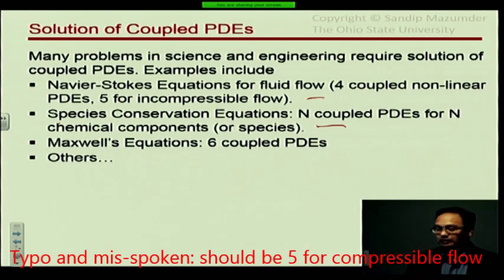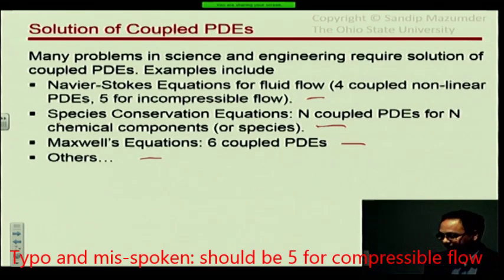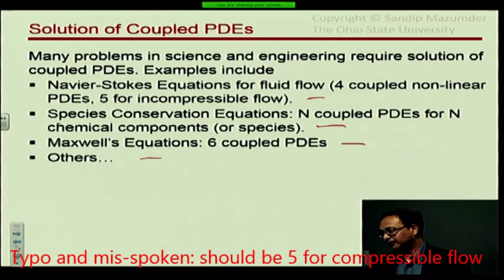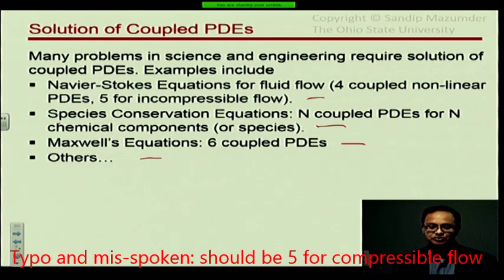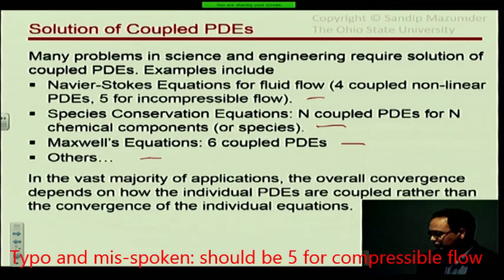Maxwell's equations, 6 coupled PDEs, and then there are a whole bunch of other applications: equations of plane stress, plane strain. If you look at things like electrochemistry, you will have electric fields to solve for, you'll have concentrations to solve for. So a lot of applications.